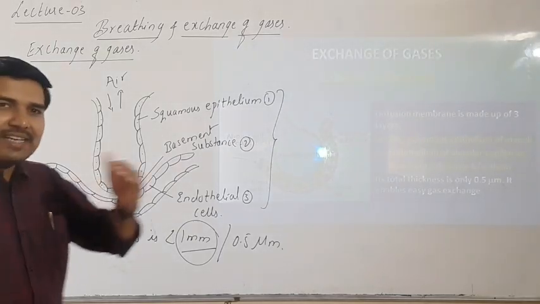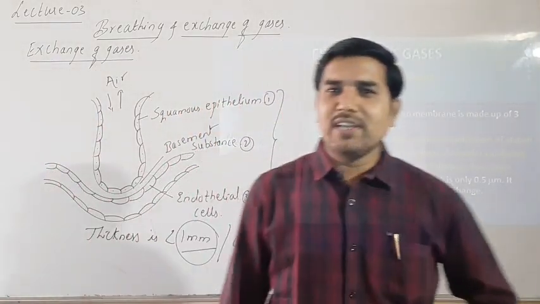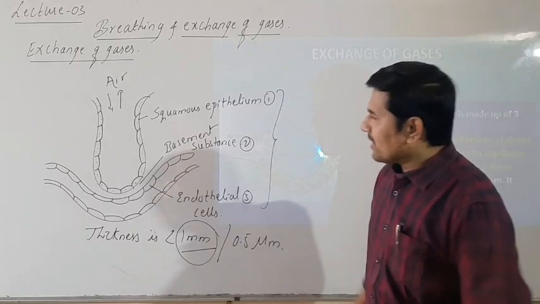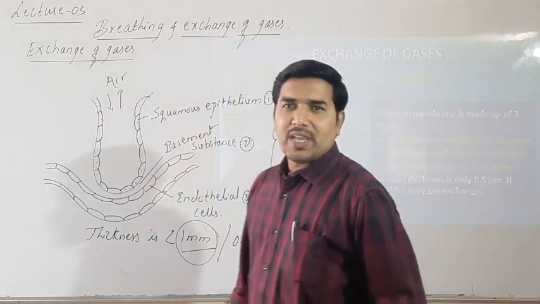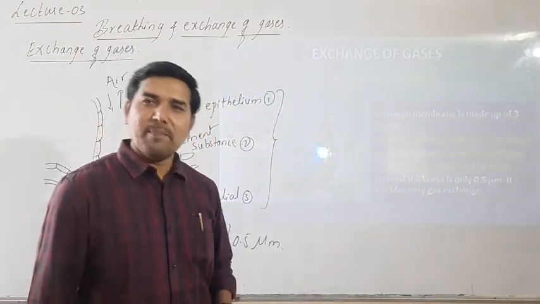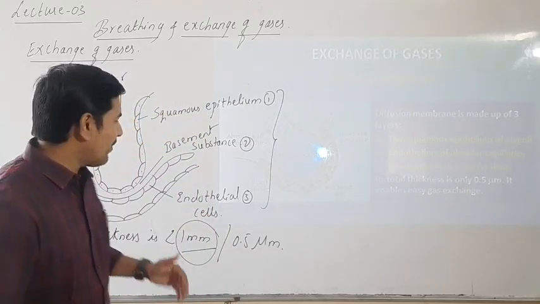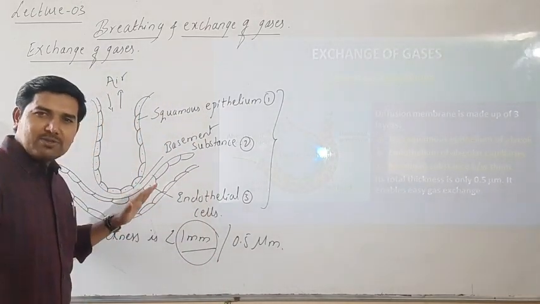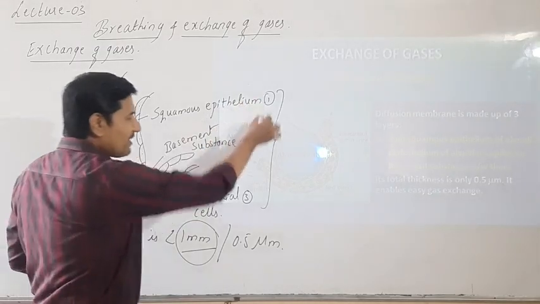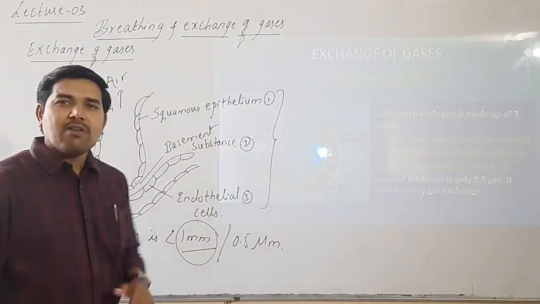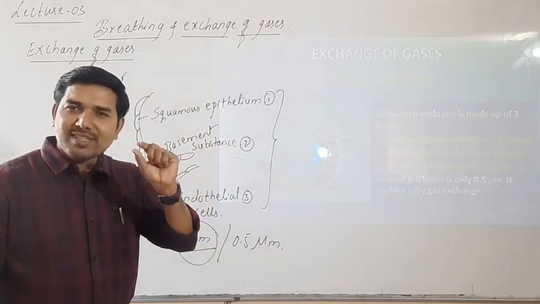The thickness is less than 1 millimeter. So this is regarding the thickness of the alveoli and the blood vessels, along with the basement substance which is present in between the alveolus as well as the blood vessel. So all these three together form a thin membrane.